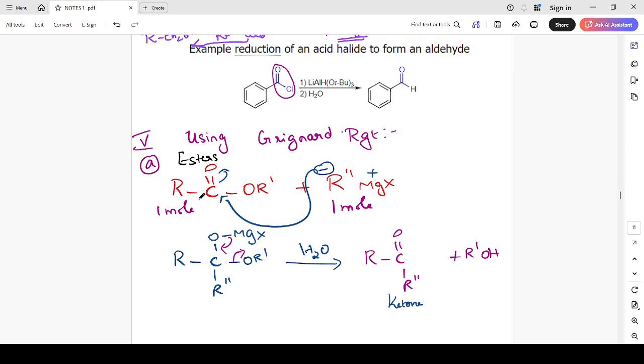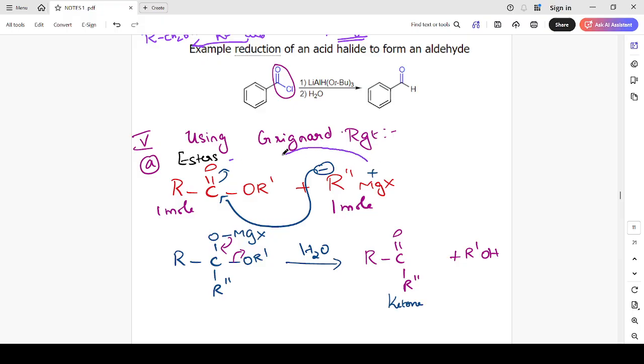With esters, we are reacting Grignard. We are trying to synthesize ketones. So I take Grignard. Grignard is an organometallic compound which is having R minus and Mg plus X. So this R minus is a nucleophile, attacks the carbon and the double bond O shifts, so that it will become O minus, isn't it?